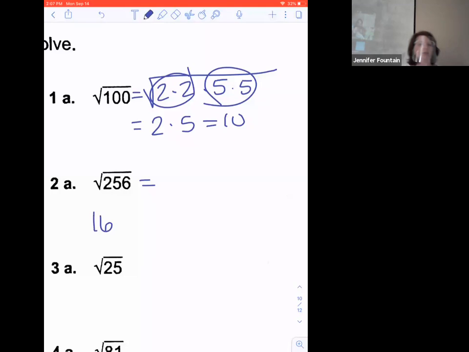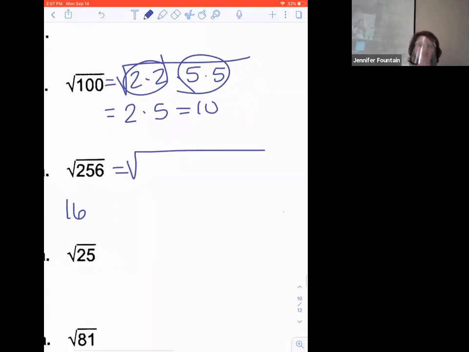Let's say that you had no clue that that was going to be 16. So what we're going to do is start out prime factorization. We know it's even, so I can divide by 2. So my smallest prime factor is 2. 256 divided by 2 is 128. 128 is even, so I know it's divisible by 2.